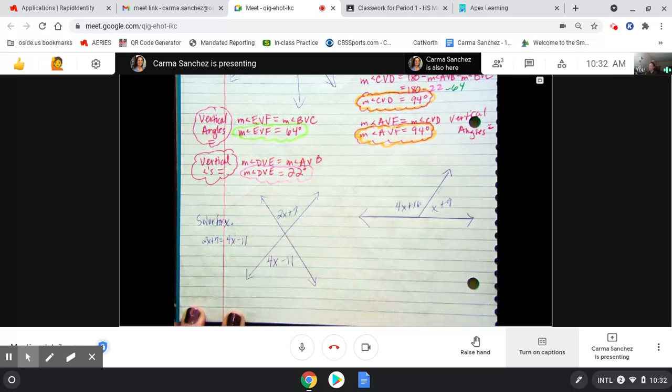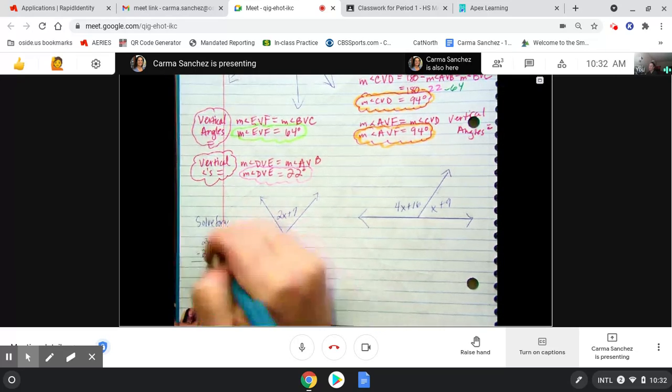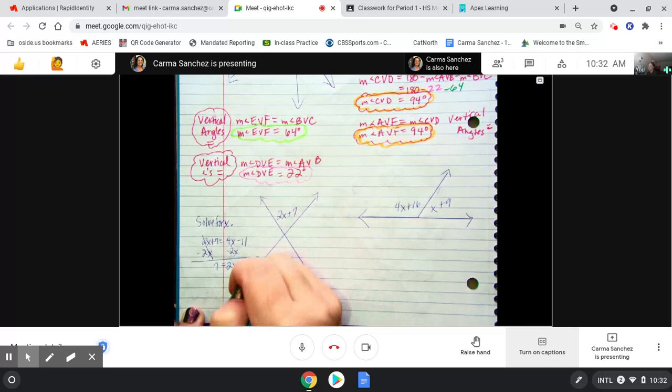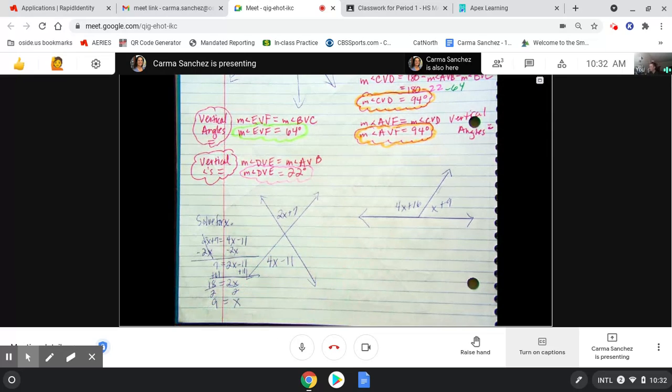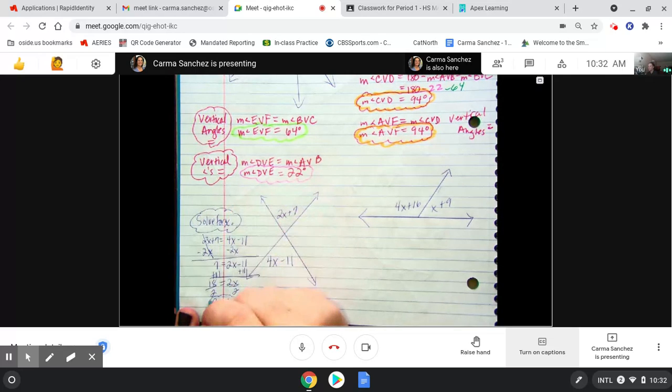And then we use our normal equation steps to solve. I'm going to minus the x's from both sides. I'm then going to add the 11 to both sides and divide by 2. So if the directions just say to solve for x, then this is my answer.